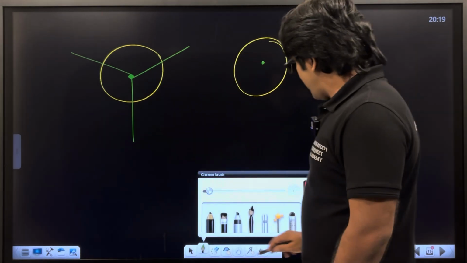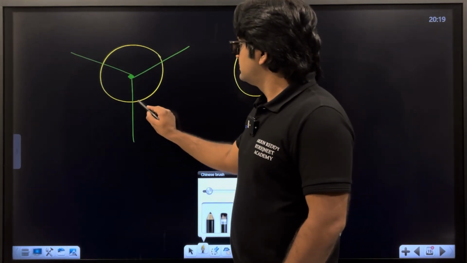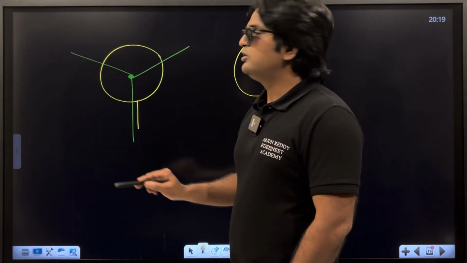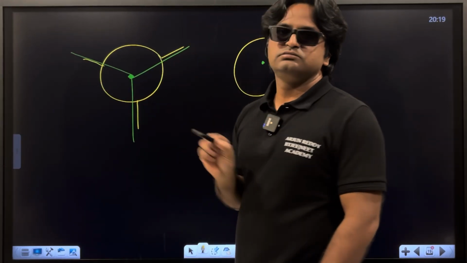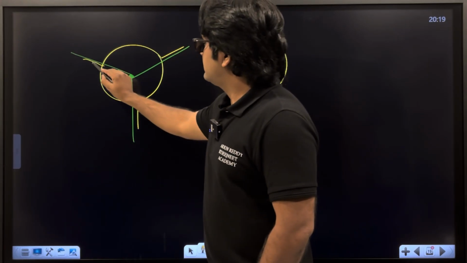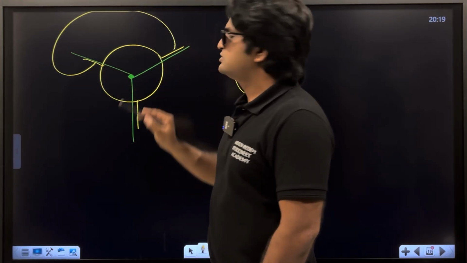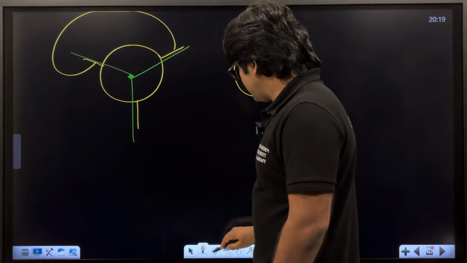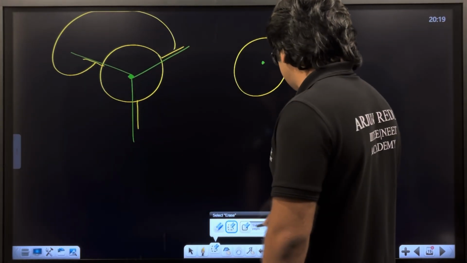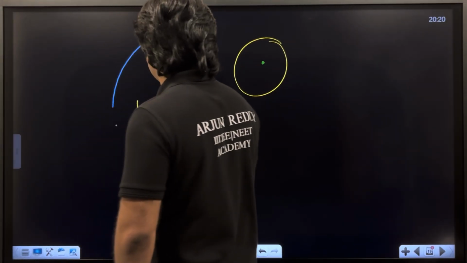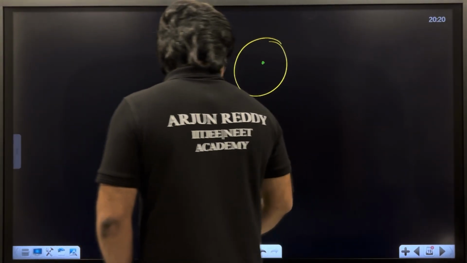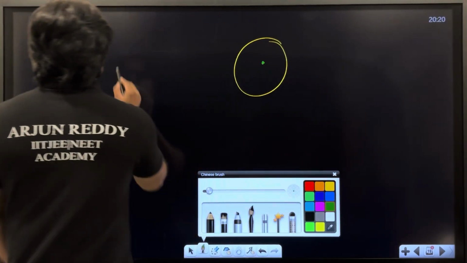Next, on the back carbon atom you can take like this, yellow, next one here also yellow, next yellow. At the back carbon atom also, the bond angle between any two is 120 degrees. At front and back carbon atoms, bonds are separated by 120 degrees.